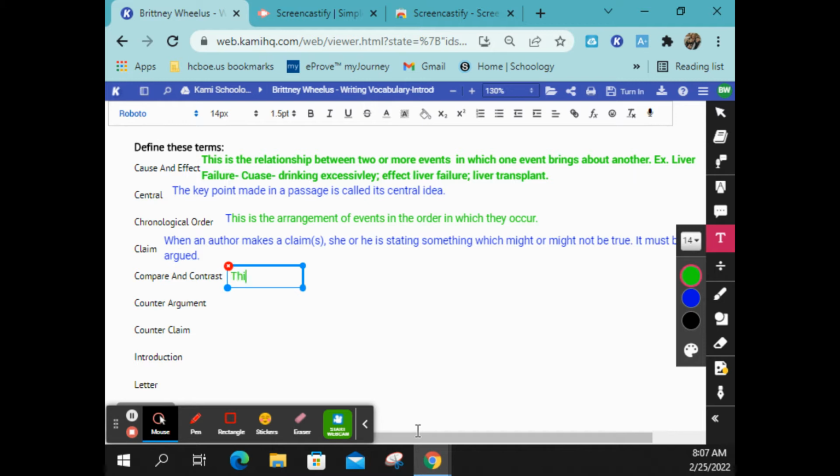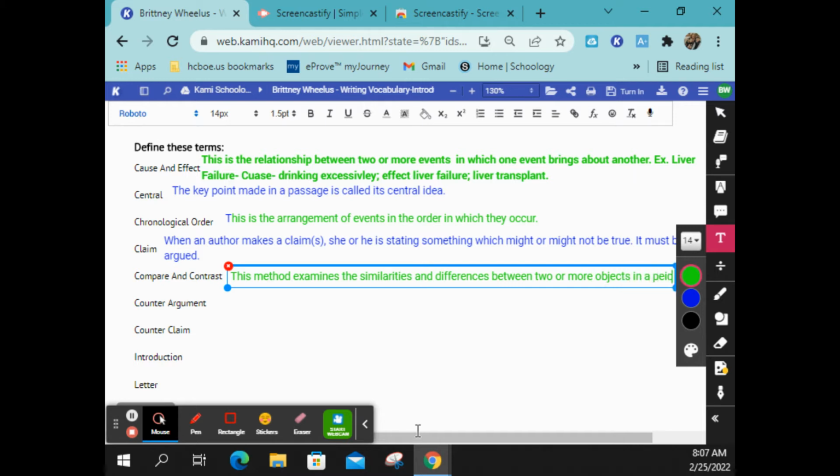All right, this method examines the similarities and differences between two or more objects in a piece of work.